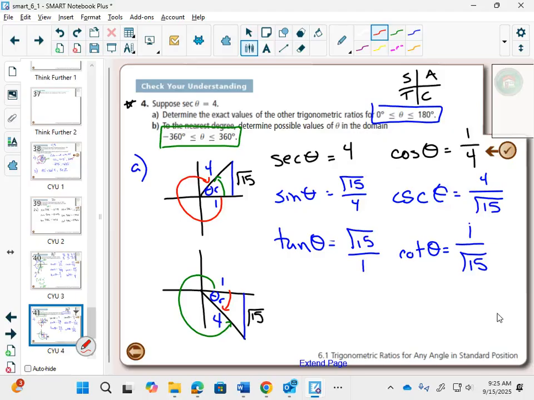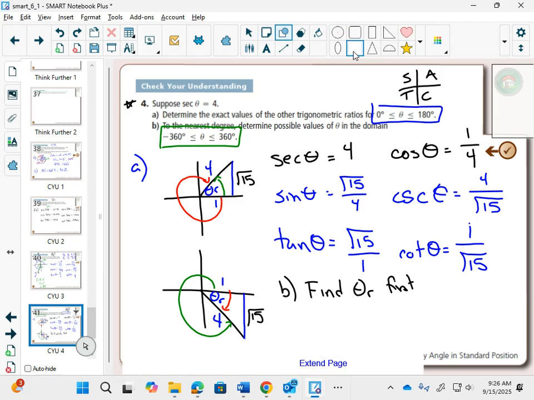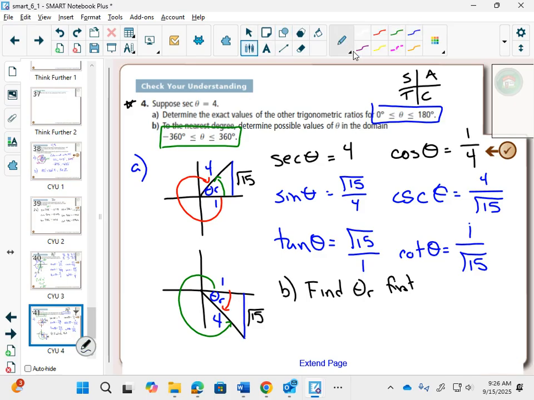Anytime we're solving and trying to find an angle, the most helpful thing for finding all of those angles will be your reference angle. So in B, we're always going to find our reference angle first. How do we find our reference angle? Well, in part A, we have a whole bunch of trig ratios.